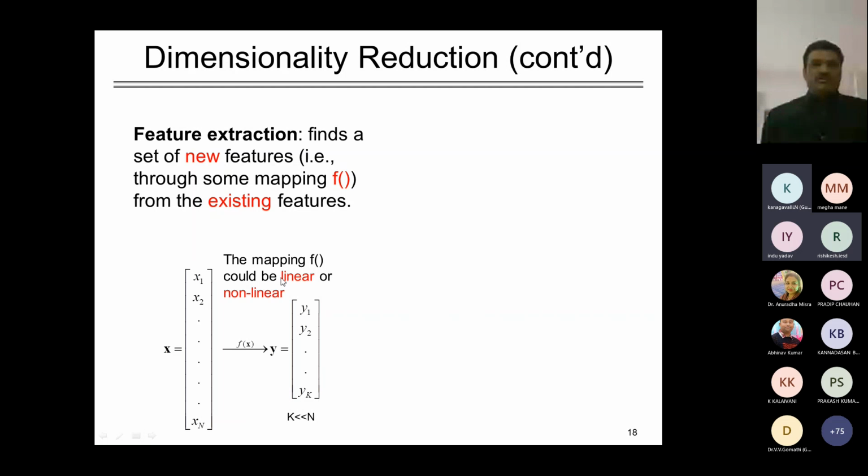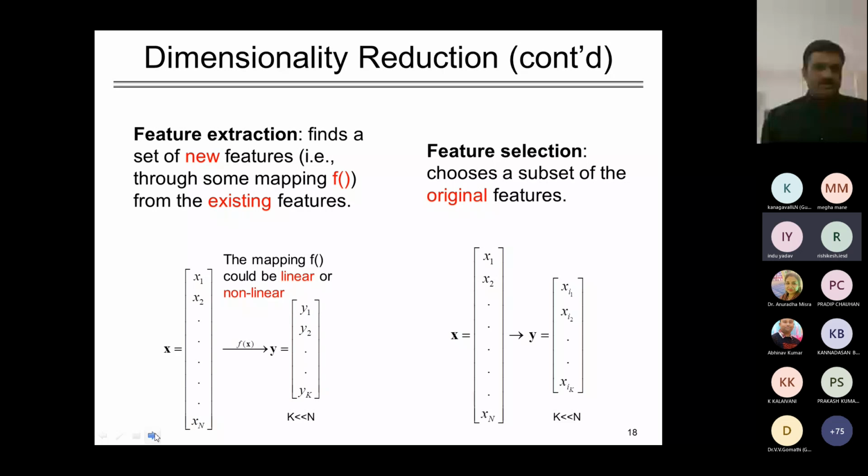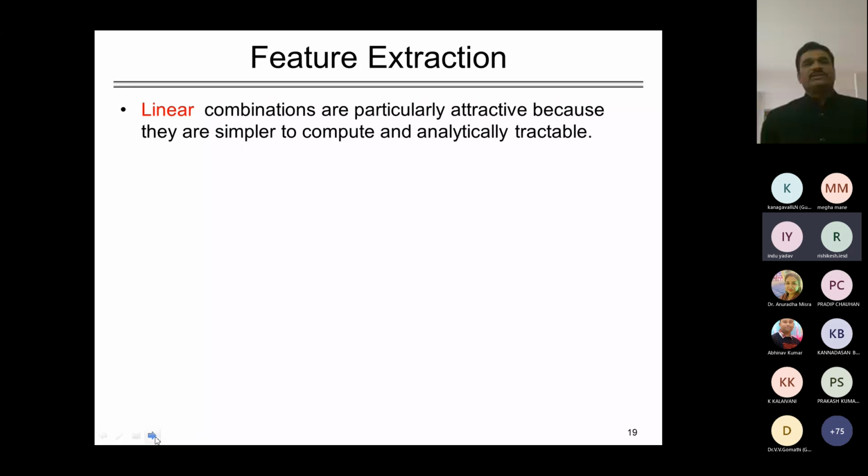The mapping f could be linear or non-linear, both types of mapping. Feature selection chooses a subset of the original features, like x1, x2, xn, and y equal to xi1, xi2.